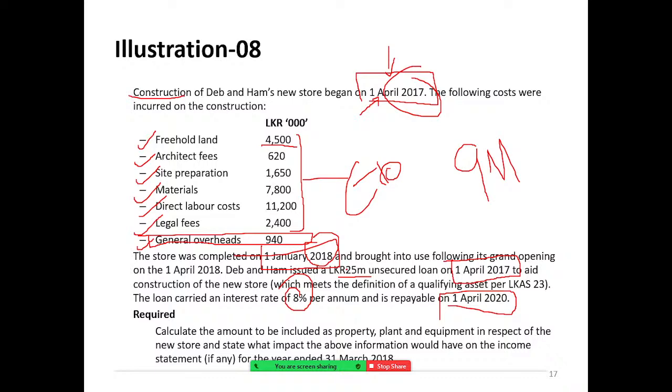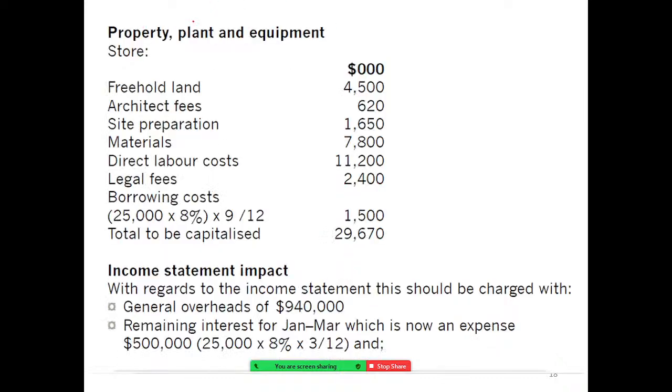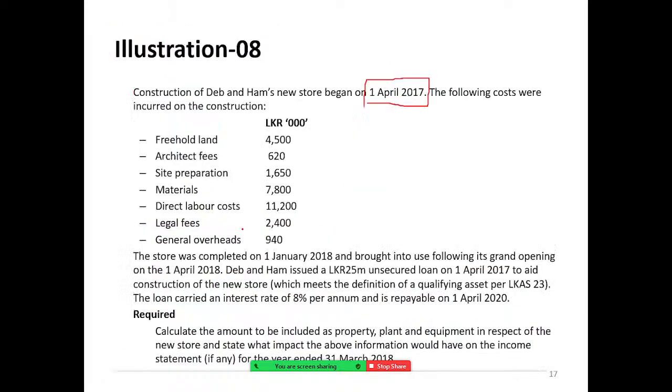Let's see the answers. Here we have to include the freehold land and architect fees, site preparation cost, material cost and direct labor cost, legal fees, the borrowing cost. It was completed in January 2018, before the grand opening.